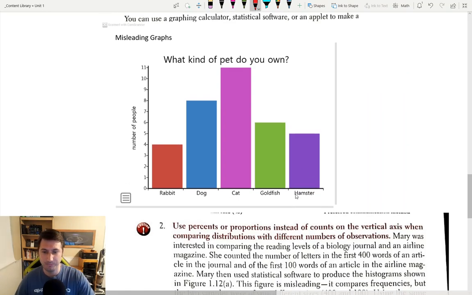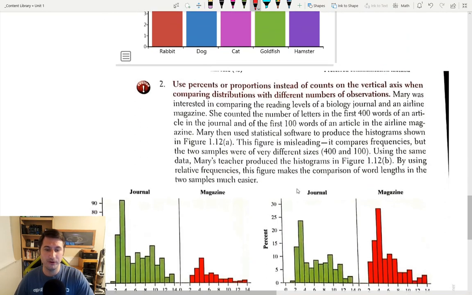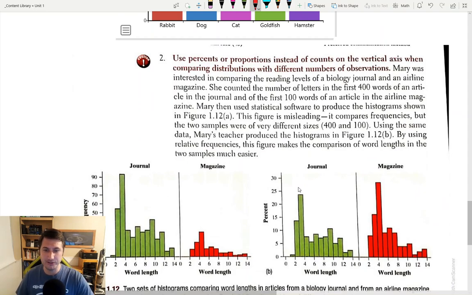All right, one more pitfall or misleading thing. So here's a great example from your book. Use percents or proportions instead of counts on the vertical axis when comparing distributions with different numbers of observations. So if you have 2 samples and they're different sizes, you don't want to use frequencies. We've had this issue come up in the past, and it comes up again here with histograms.